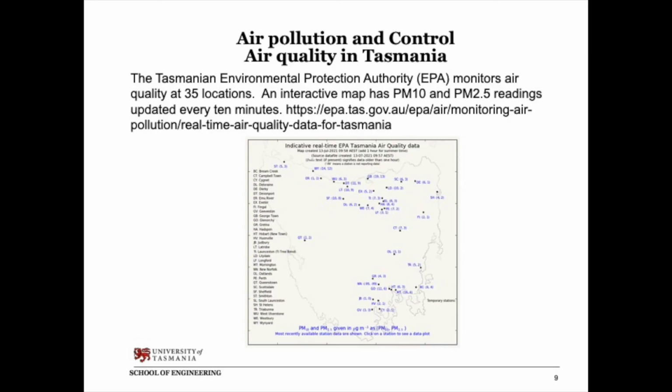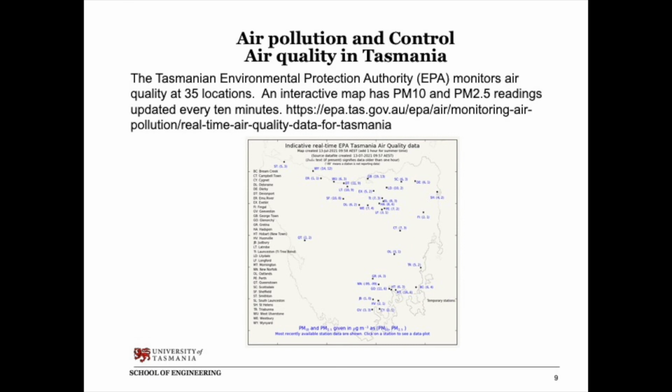Finally, I'd like to share with you a website I found. The Tasmanian Environmental Protection Authority has 35 air monitoring stations around the state. I don't know what type they are, but clearly, because they send results in on a 10-minute basis, they must be automatic, and they would be the beta type.